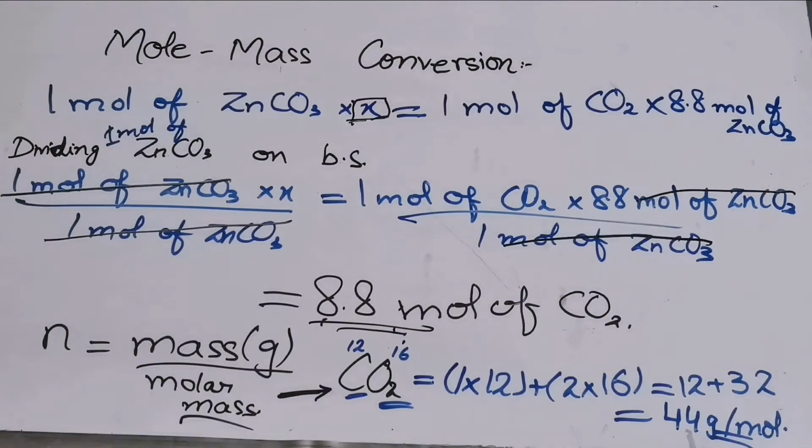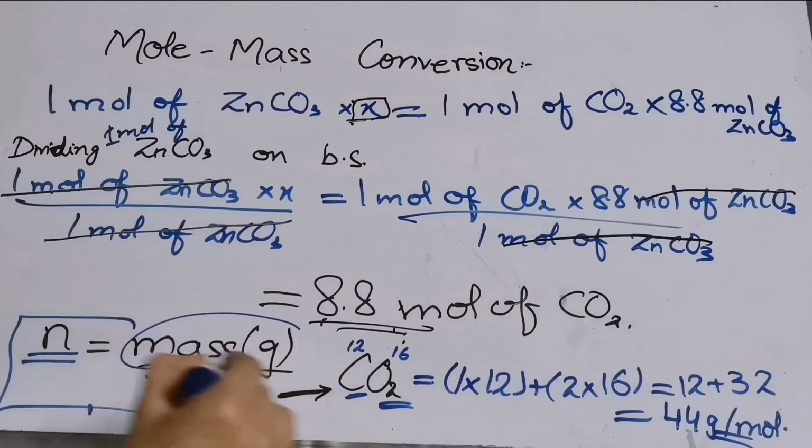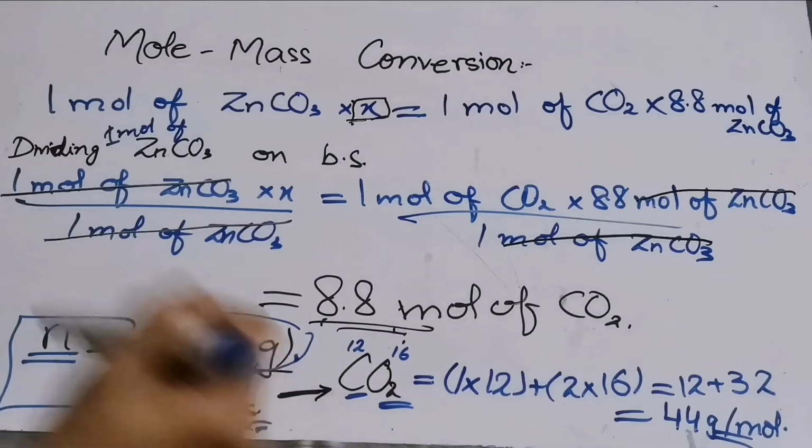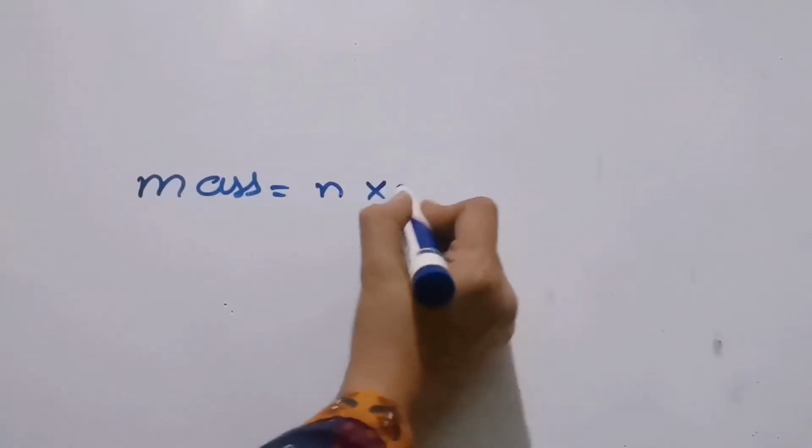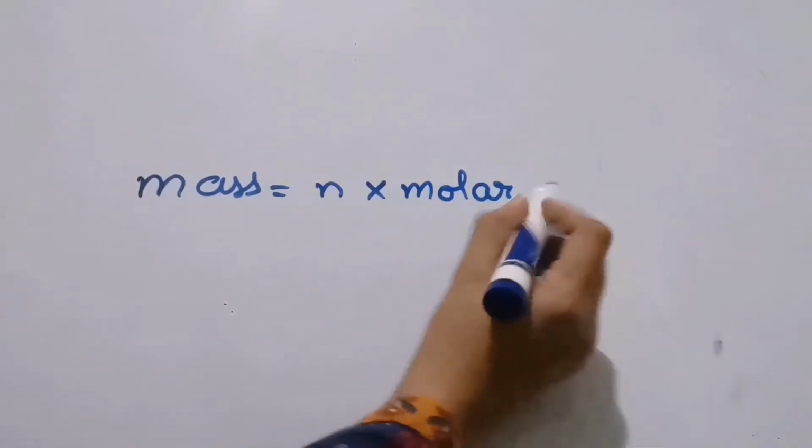First of all we will rearrange this formula. We put in the number of moles and the molar mass, and we will get the mass in grams. Mass is equal to number of moles multiplied by molar mass.